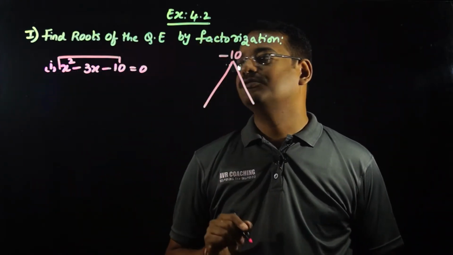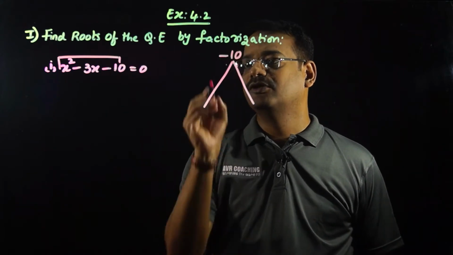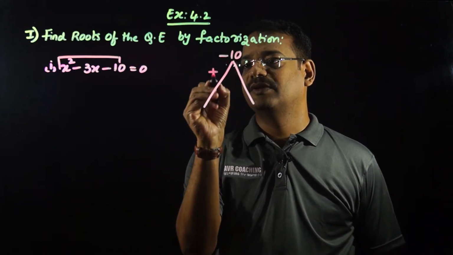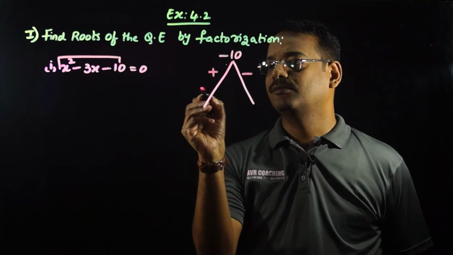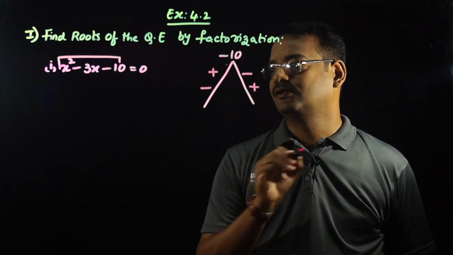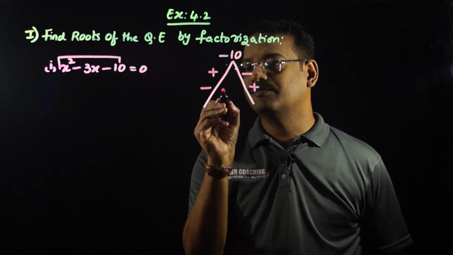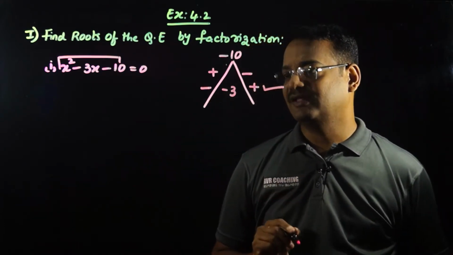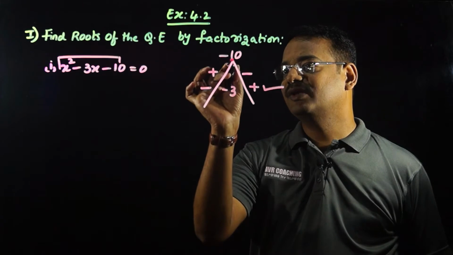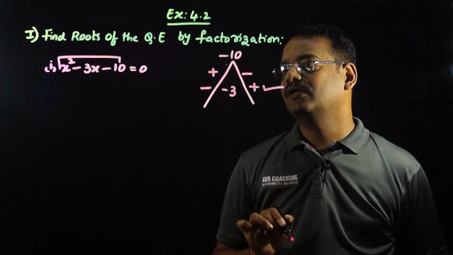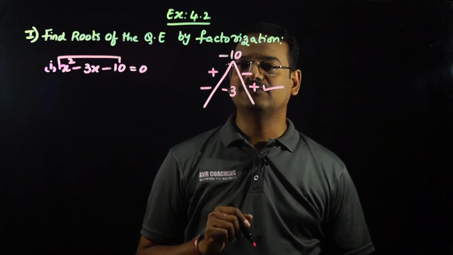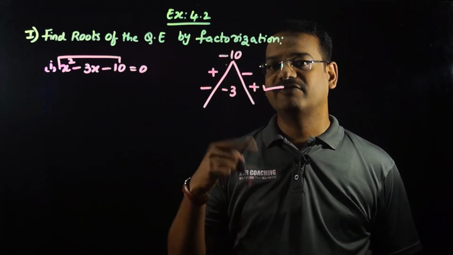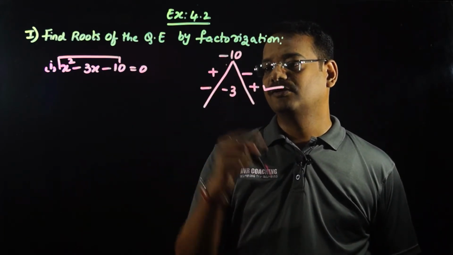So since the product is a negative number, we have two options, that is plus into minus or minus into plus. Since the middle number is minus, we'll go by this minus into plus. So now we need to split 10 in such a way that when we multiply the two terms we get 10, and when we subtract the two terms we get 3.